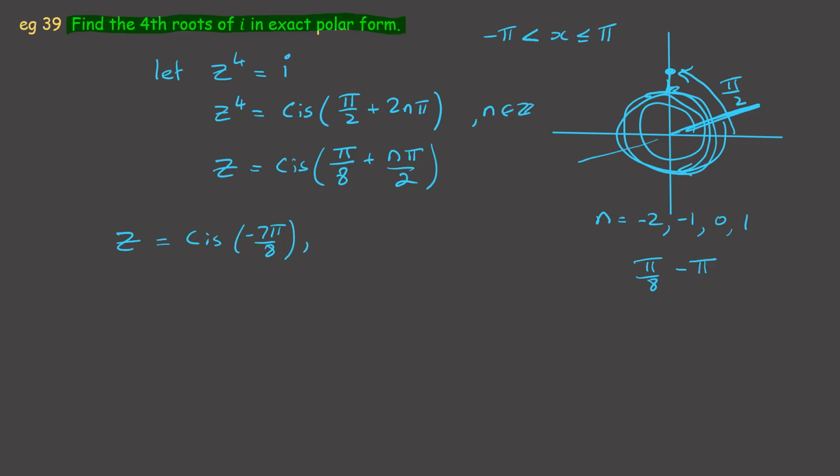And then we'd have, with the negative 1, pi by 8 take away pi by 2, so pi by 8 take away 4 pi by 8, so that would be cis negative 3 pi by 8.